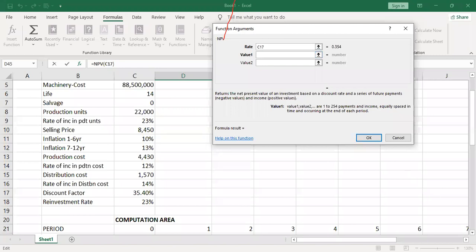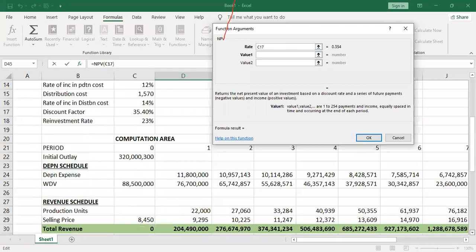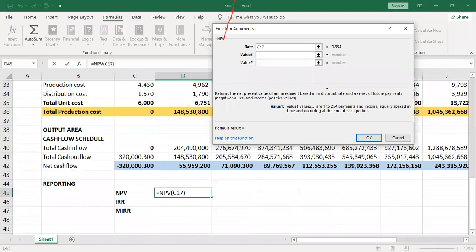Now go and select the net cash flows from year one up to year 12. When you go to value one, you select the net cash flows from year one. This time there is no zero we are fixing. So click on value one. Have you managed to click on value one?